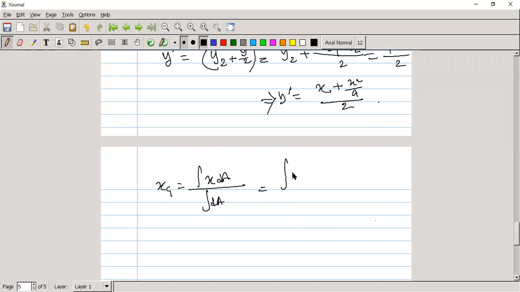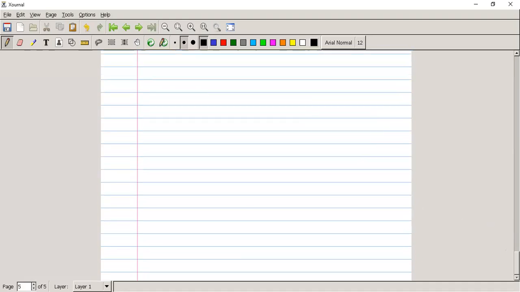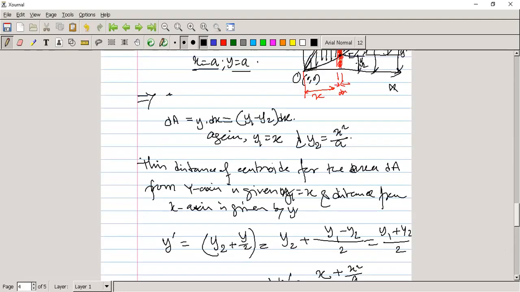Integration of, instead of xg we have to put x, we consider a general x, then x minus x square by a into dx divided by integration of x minus x square by a.